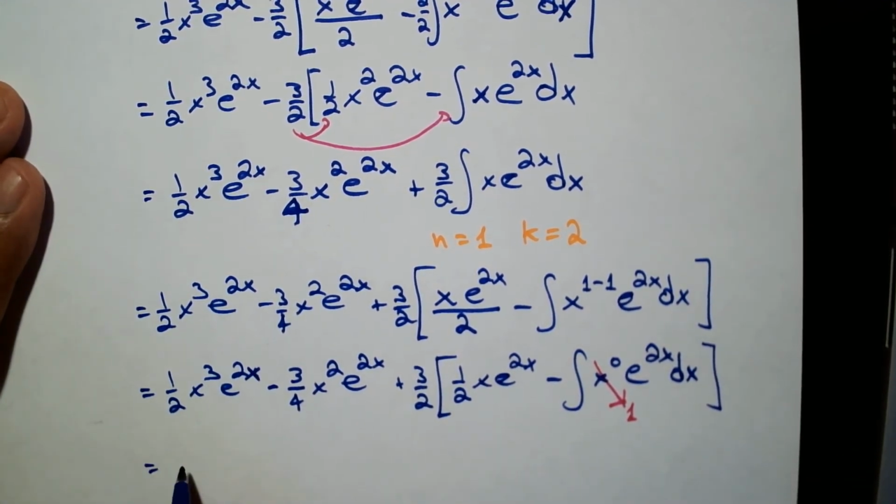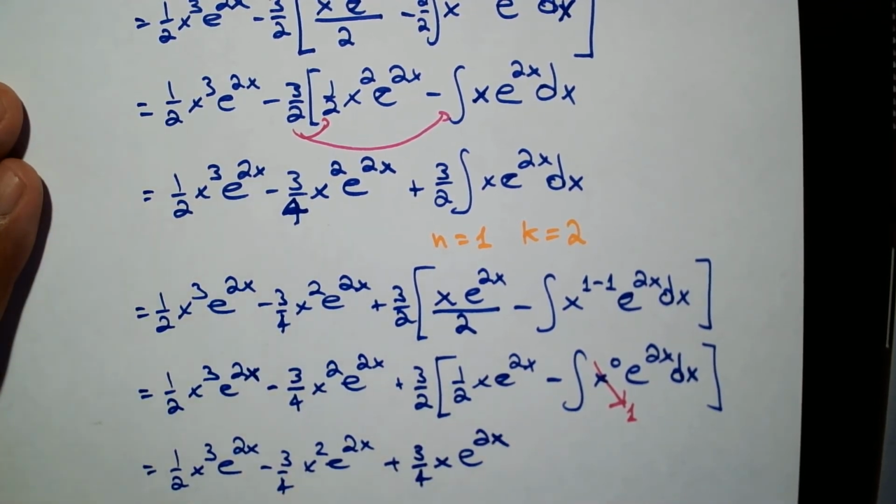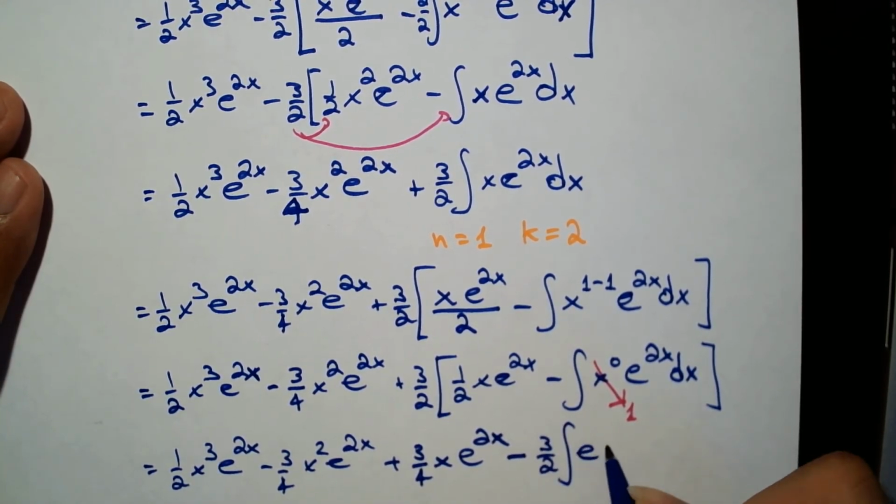That's all it is. So 1/2 x cubed e to the 2x minus 3/4 x squared e to the 2x. I'm going to start distributing this. It's going to be plus 3/4 x e to the 2x minus 3/2 times the integral of e to the 2x.